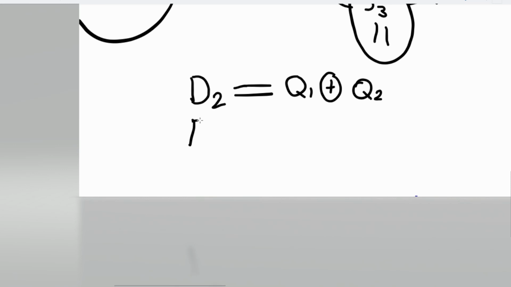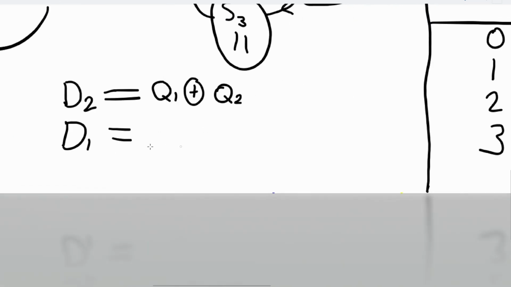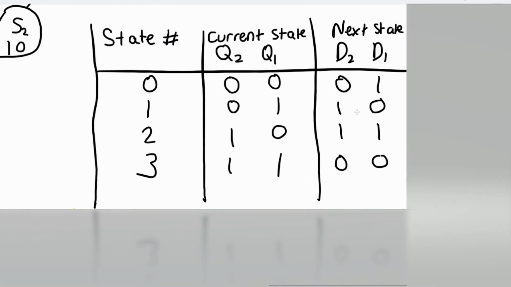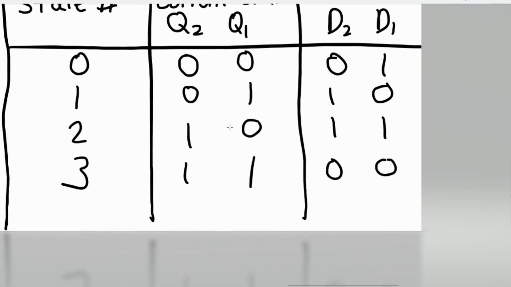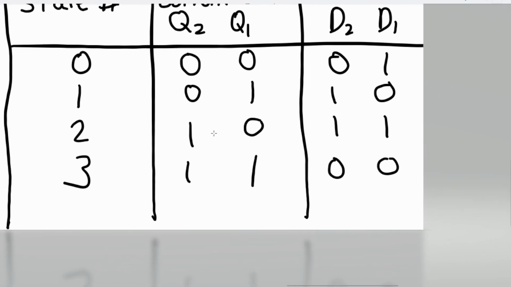Now let's do D1. So D1 equals, and then let's have a look at this. You can see it's 1 when Q1 and Q2 are NOR together, or when Q2 equals 1. So we could draw a Karnaugh map for that, or we could just do it by observation.